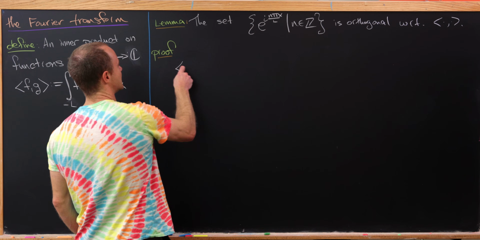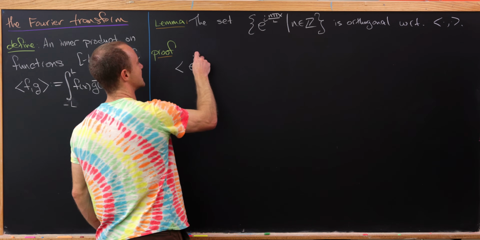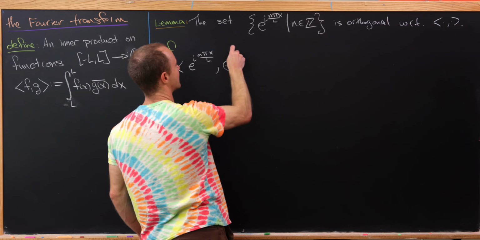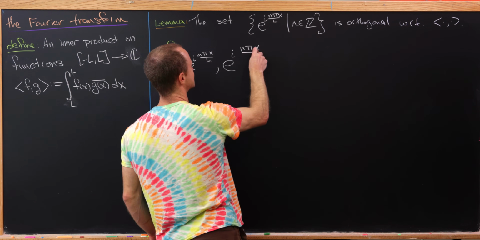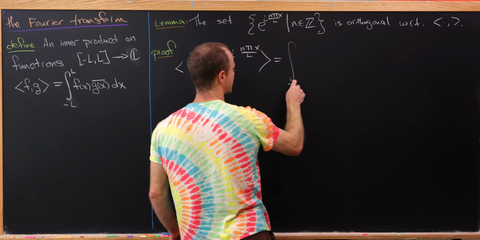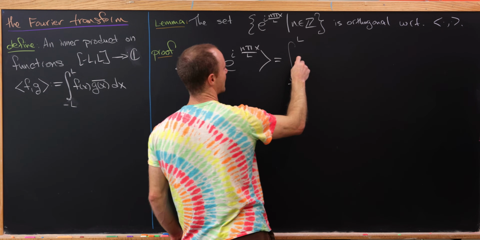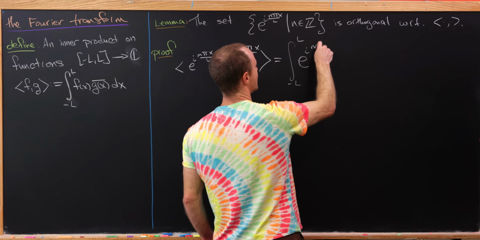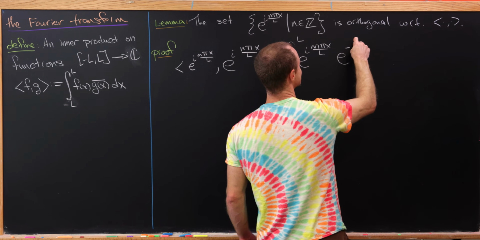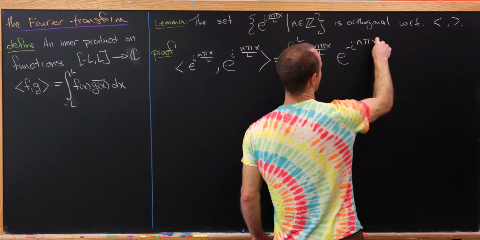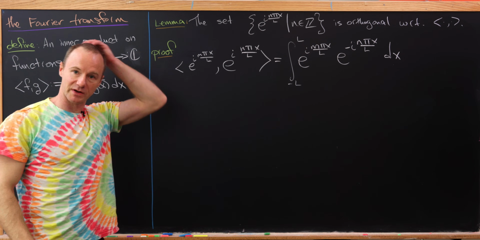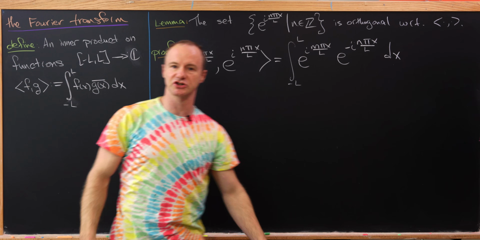Let's check that. Let's look at the inner product of e to the i m pi x over L with e to the i n pi x over L. That's equal to the integral from minus L to L of e to the i m pi x over L times e to the minus i n pi x over L dx. I had to have that minus sign because I needed to take the complex conjugate.